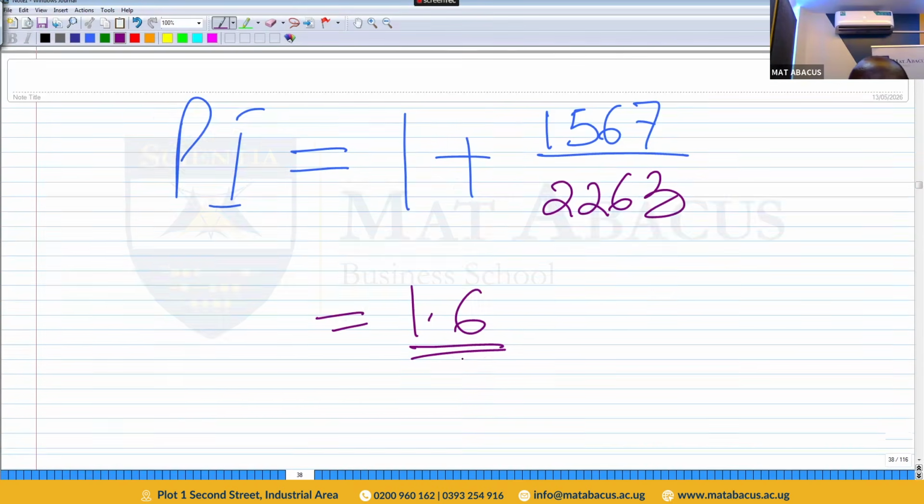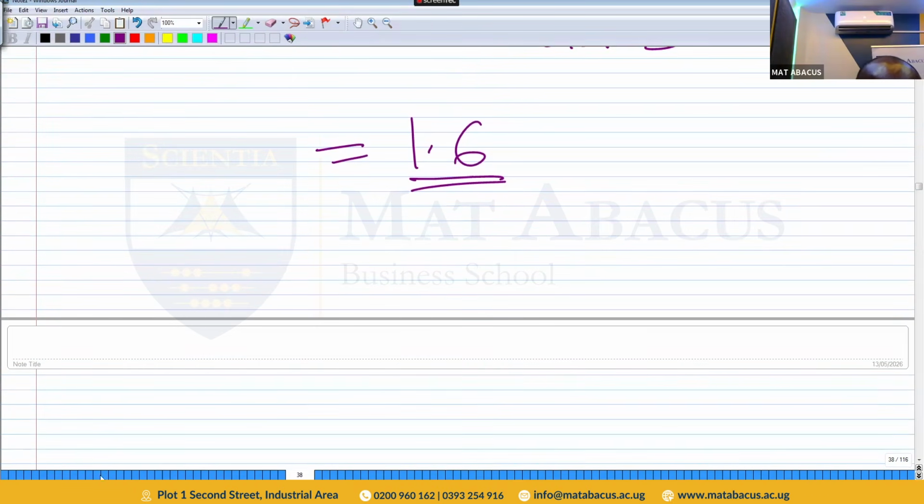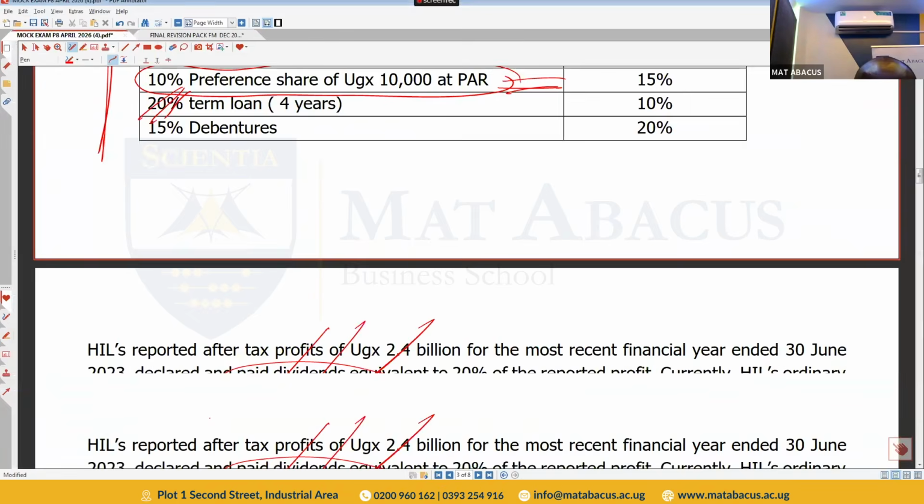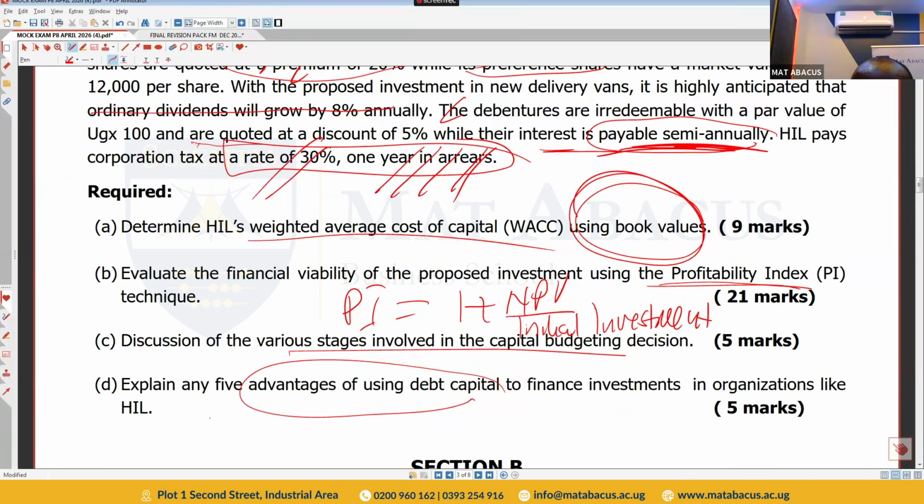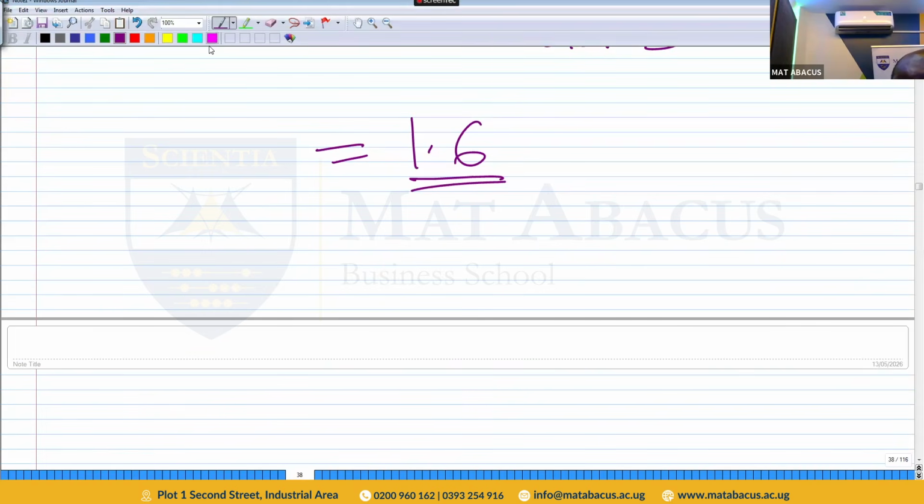And because it is 1.6, the question was, evaluate the financial viability using PI. You must comment. So you will come and comment, because you get a mark for the comment.